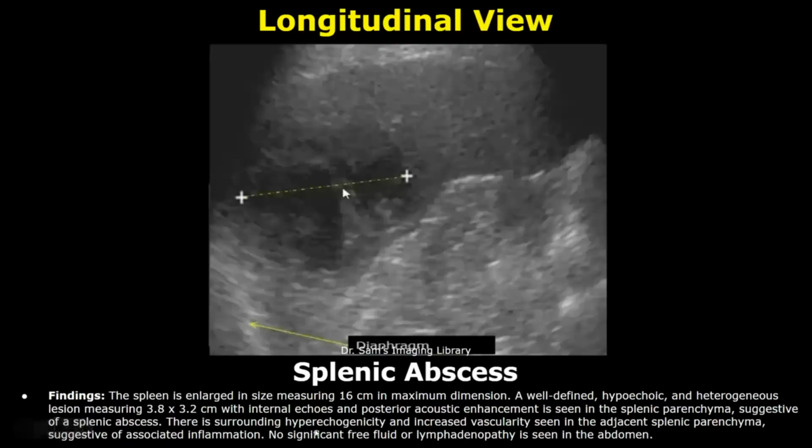There is surrounding hyperechogenicity and increased vascularity seen in the adjacent splenic parenchyma, suggestive of associated inflammation.